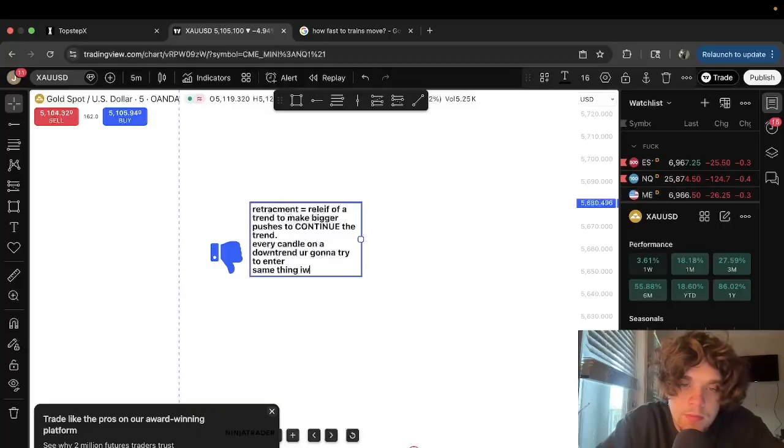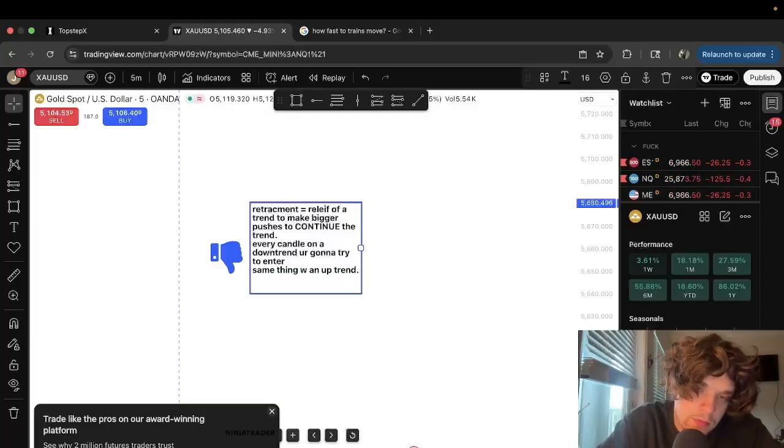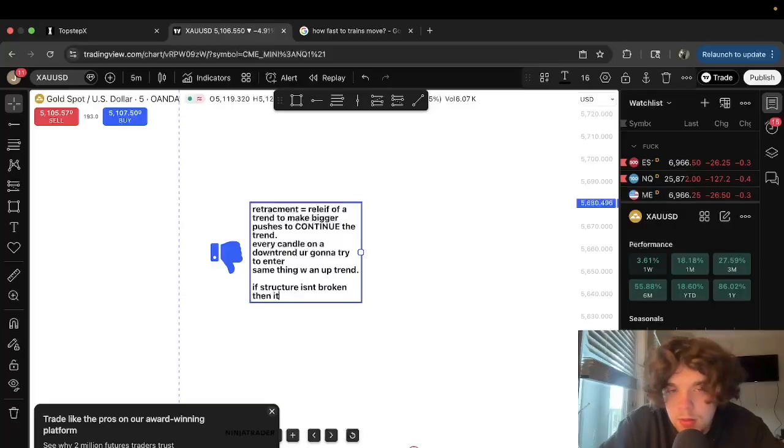Same thing with an uptrend. Structure isn't broken. Oh, yeah. If structure isn't broken, then it's retracement.